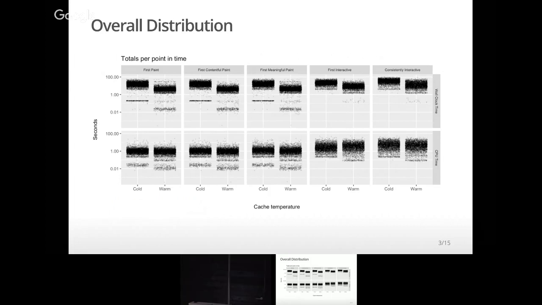Even with this very high-level overview, there are a couple of things that should stick out to you, perhaps. One question is, why on earth do we have these lines here? All of these pages show up as exactly the same for first paint, first contentful paint, etc. And the answer to that is our data set is kind of bad.